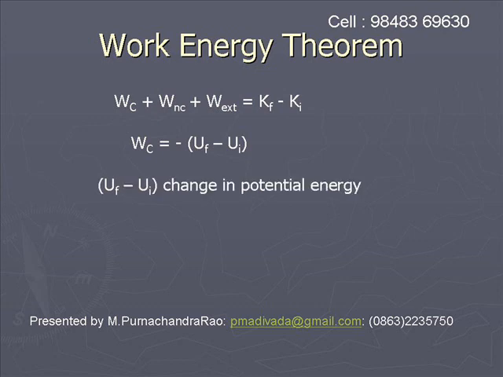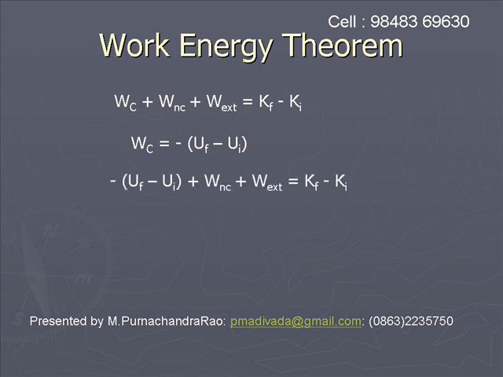That means UF minus UI is change in potential energy. So work done by conservative forces is equal to minus of change in potential energy. UI is initial potential energy and UF is final potential energy.